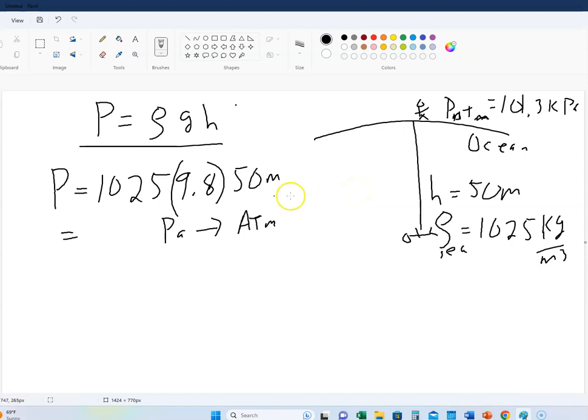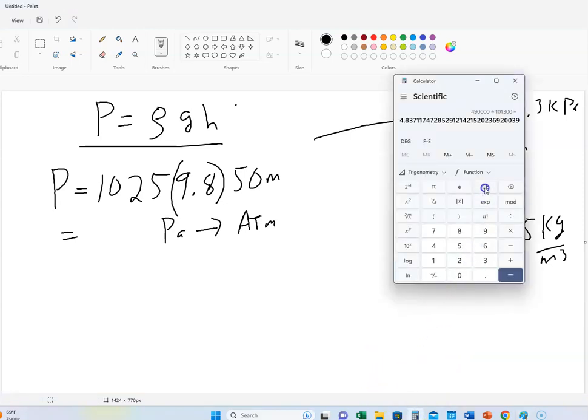The first part is relatively straightforward. Let me get my calculator going here. All right, let's clear that. So here we go. It's 1,025 because that's the density of salt water, times 9.8, which is the acceleration due to gravity on the surface of the Earth, and then times 50, because you're 50 meters deep, which is pretty deep.